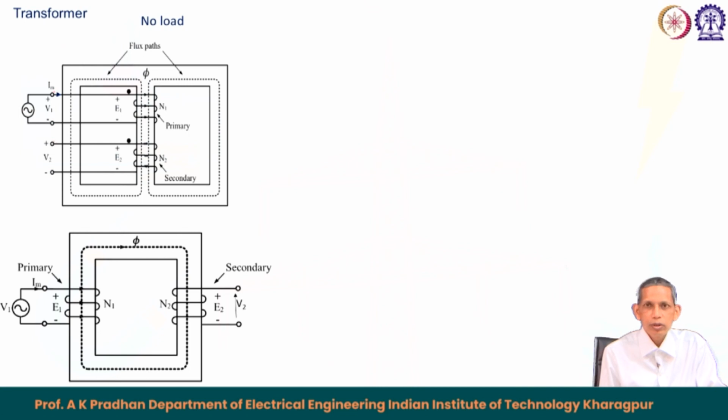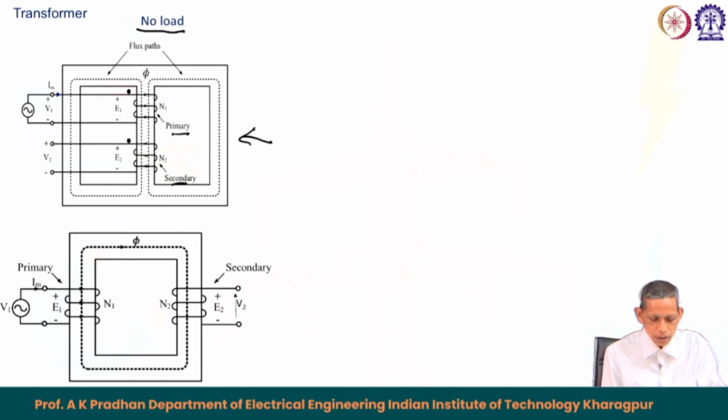Before going to the functionality of the ideal transformer, we need to know the no load condition and the loaded condition of the transformer. The no load condition, as we see here, is a two winding shell type transformer. The first coil is the primary winding, and the second coil is the secondary winding.